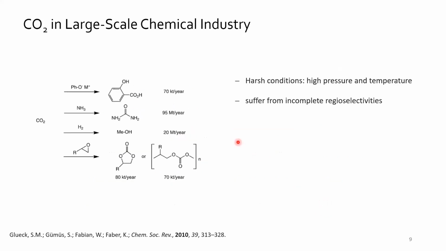Shortly, I would like to talk about the role of CO2 in large-scale chemical industry. As you might know, it's very important for processes like the urea production, which is still performed on a scale which is just amazing, 95 megatons per year, but also for the methanol production, so the reaction of CO2 with hydrogen gas, and also the production of either cyclic or linear carbonate derivatives, and also the Kolbe-Schmitt synthesis, which leads to the product salicylic acid, which is then also used for the production of aspirin, for example.